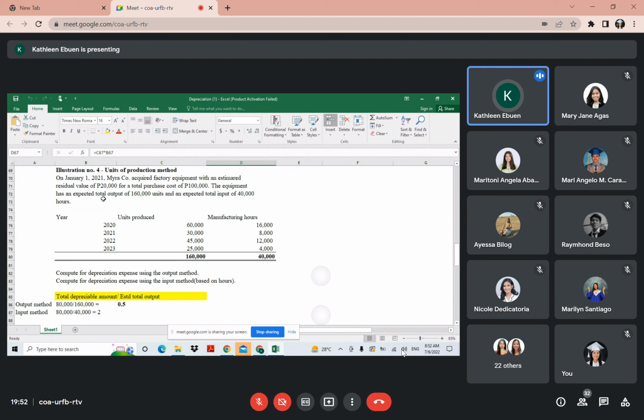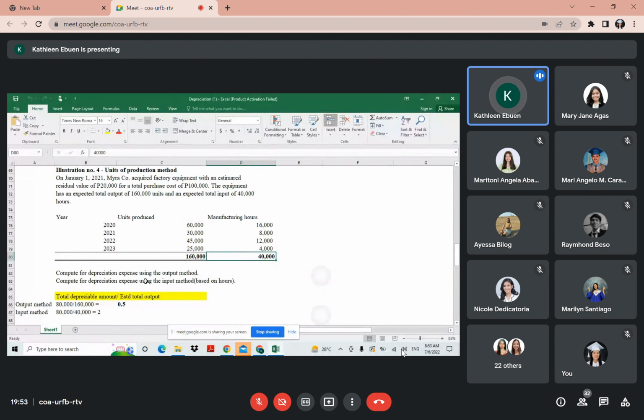So the equipment has an expected total output of 160,000 units and an expected total input of 40,000 hours. Okay, so binigay sa atin yung units produced. So ito yung output, 160,000, and yung manufacturing hours na 40,000. So sa cost accounting nagagamit nyo din ito.